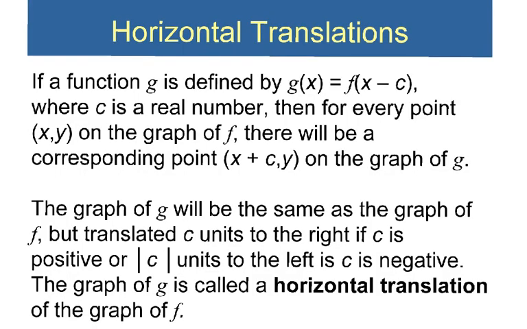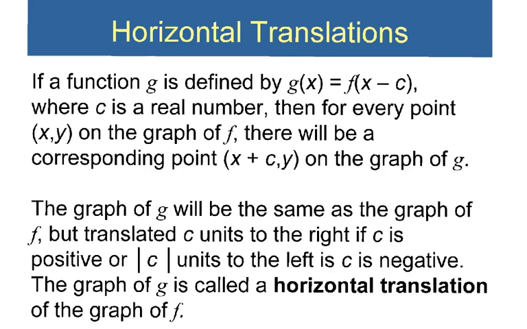Here is a definition of horizontal translation. What we have here is similar to our horizontal stretch or shrink. Comparing it to that, we had a multiplier that was just on our x value, not on the whole entire function, and it stretched or shrunk the graph horizontally.